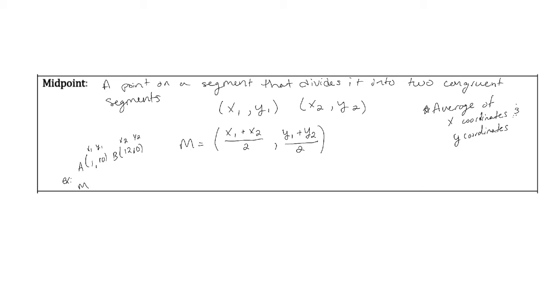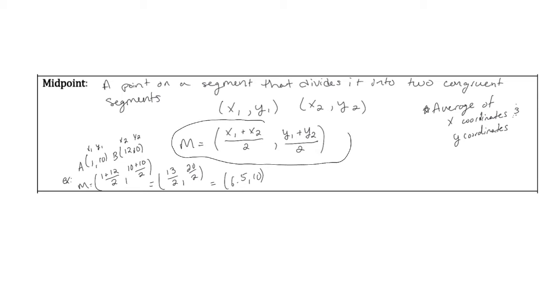So our midpoint was (1 plus 12) over 2, and (10 plus 10) over 2. If you reduce them, you get 13 over 2 and 20 over 2, which equals (6.5, 10). And that's what we got for a midpoint for part A. So that's how we find our midpoint. It's just this formula, very simple. Take the two x's, add them up, divide by 2. Two y's, add them up, divide by 2.